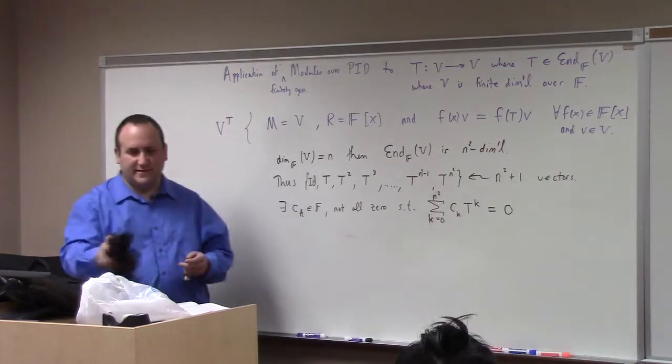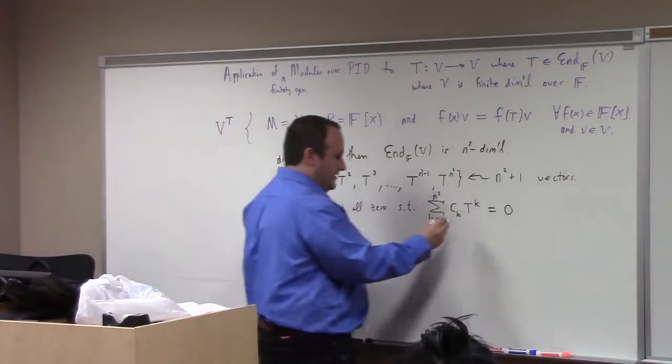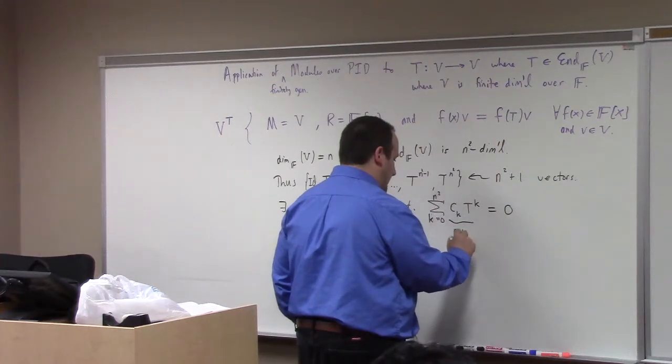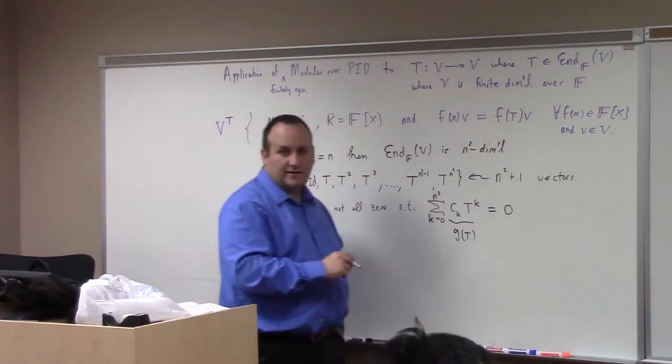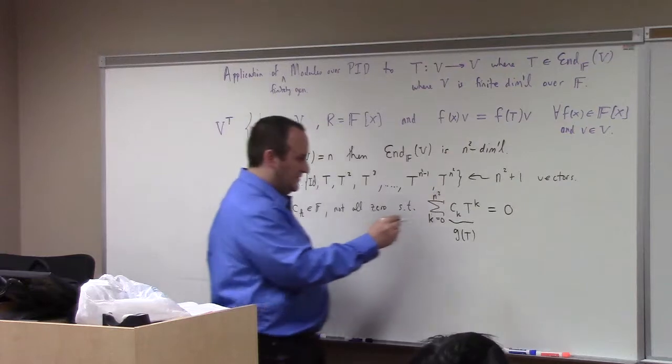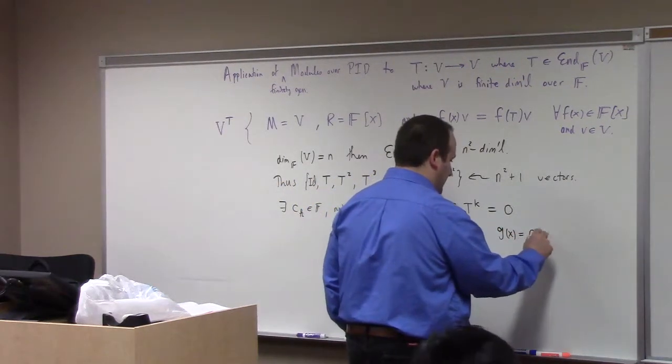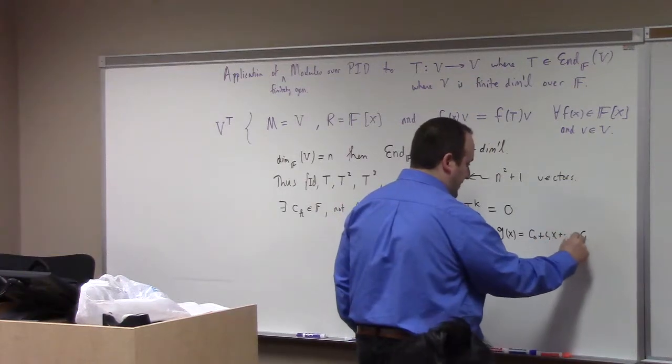That already says that. So supposing that this is g of t, in other words, that g of x is equal to c0 plus c1x plus ... plus ckx to the k.